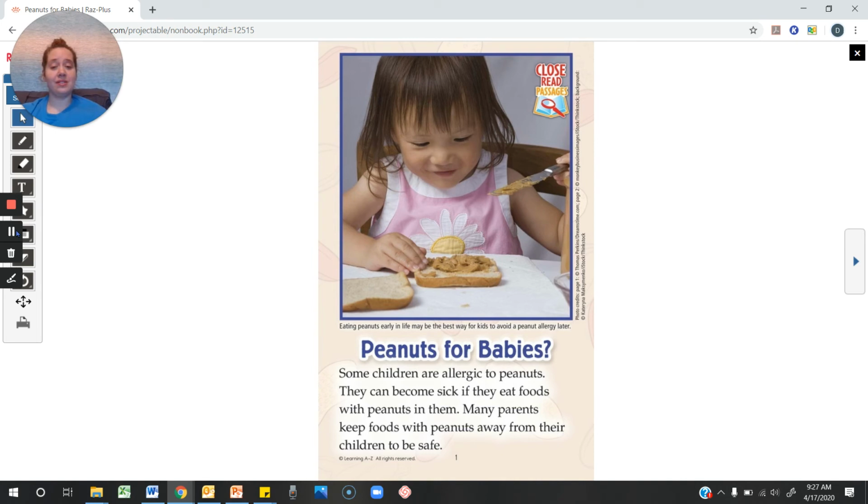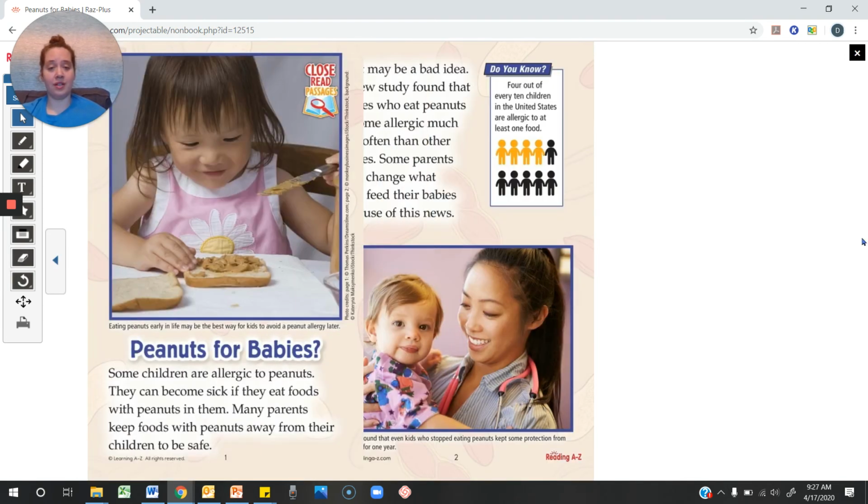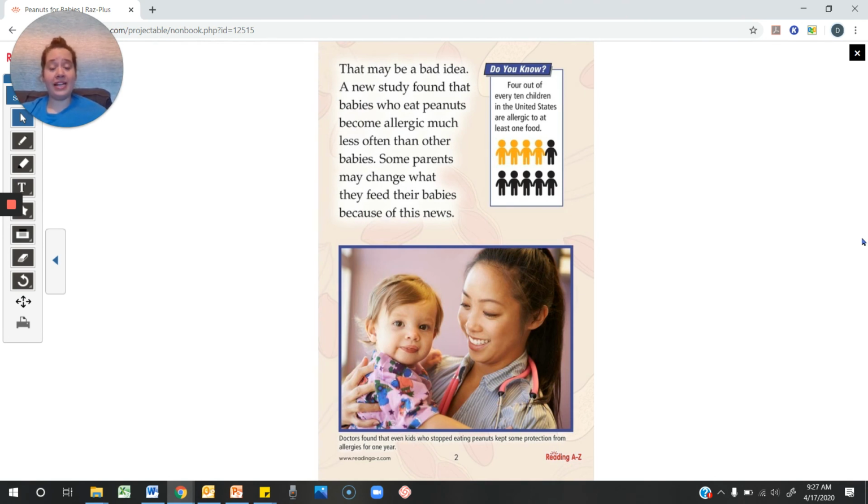Peanuts for babies? Eating peanuts early in life may be the best way for kids to avoid a peanut allergy later. Some children are allergic to peanuts. They can become sick if they eat foods with peanuts in them. Many parents keep foods with peanuts away from their children to be safe. That may be a bad idea.